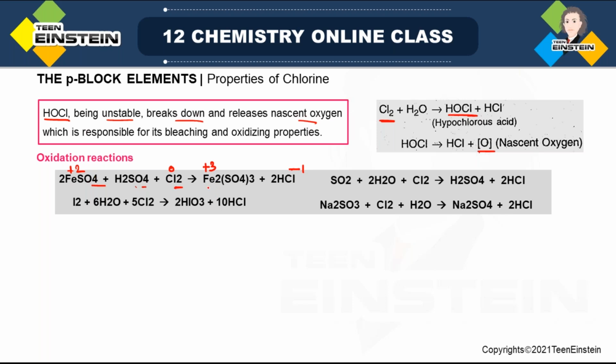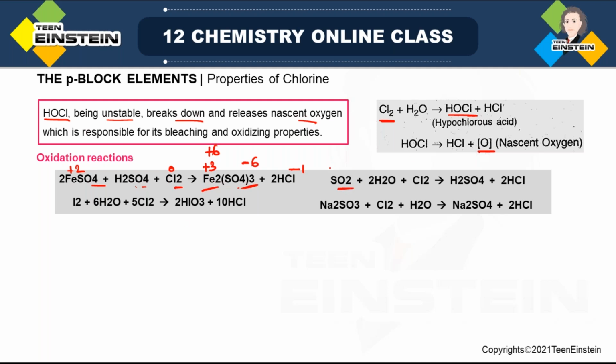But here it is ferric sulfate, because sulfate has -2 charge, so 3 sulfates mean total negative charge -6. It must be balanced by +6 charge. That means 2 iron, each iron carrying +3 charge. In this way, you can find the oxidation state. So in this reaction, ferrous sulfate is converted to ferric sulfate, and chlorine is reduced to chloride.